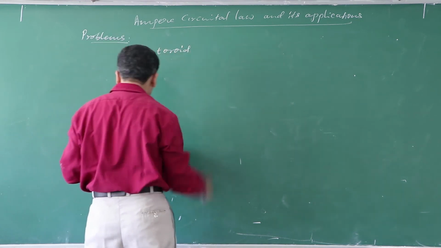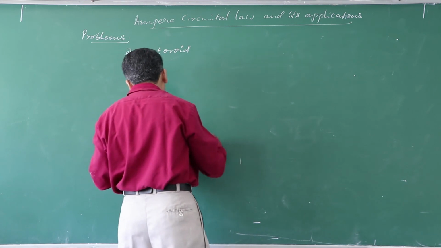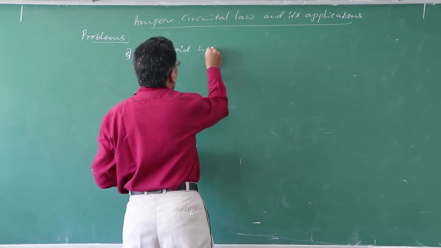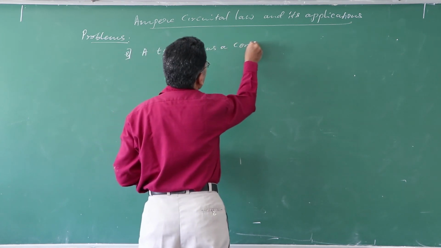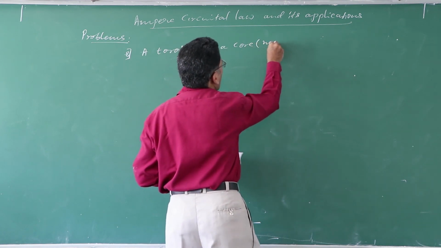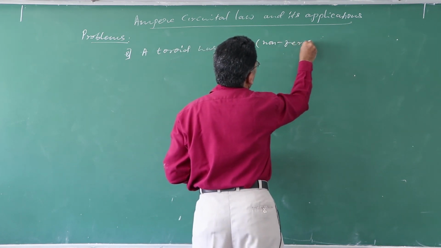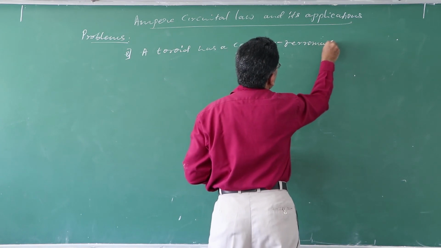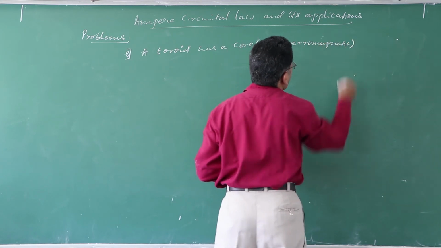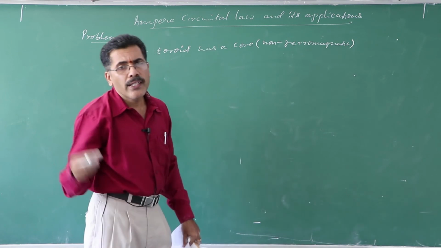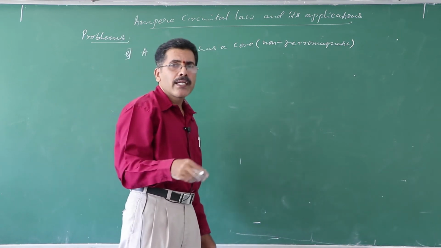A toroid has a core which is non-ferromagnetic. That means no iron wire or iron-like material is kept inside.